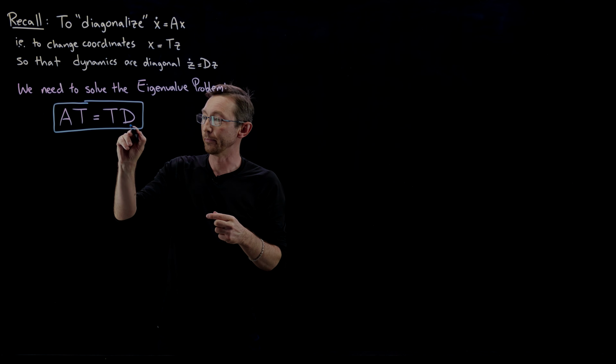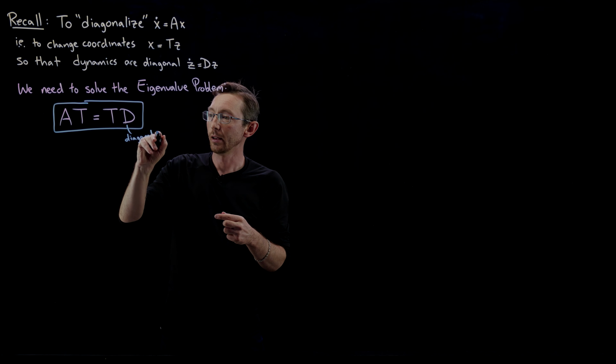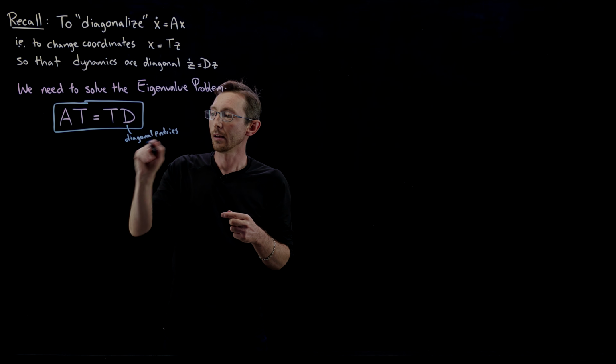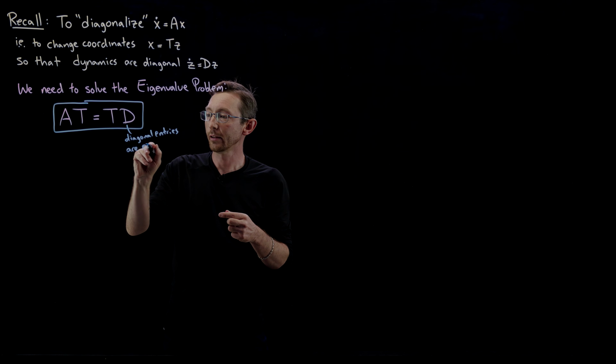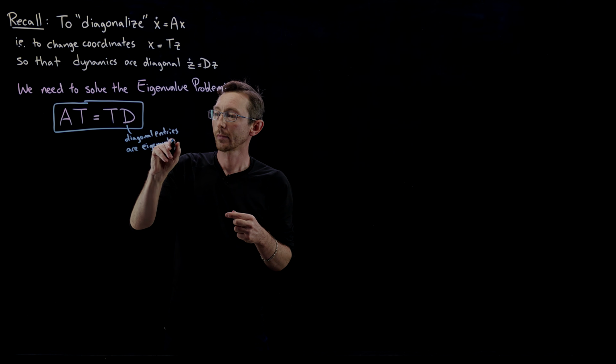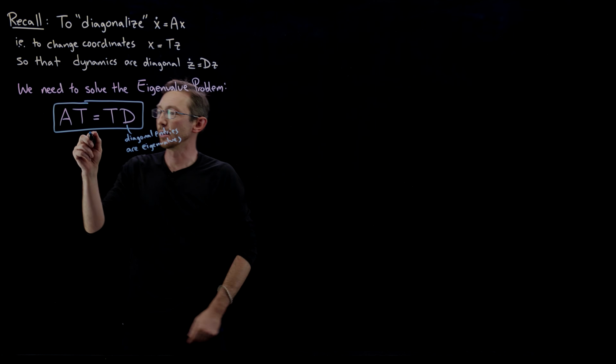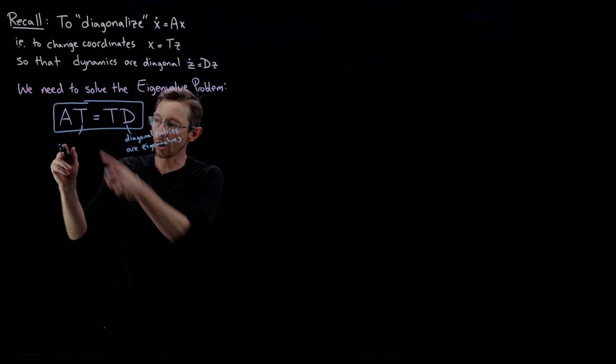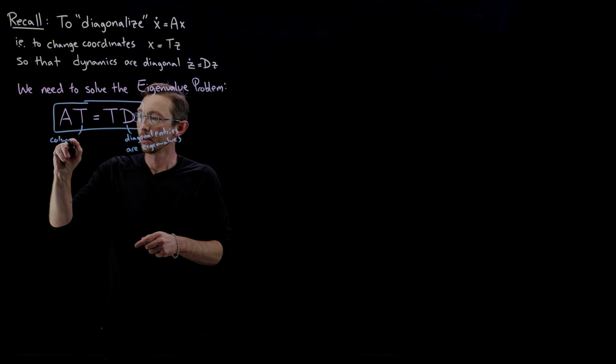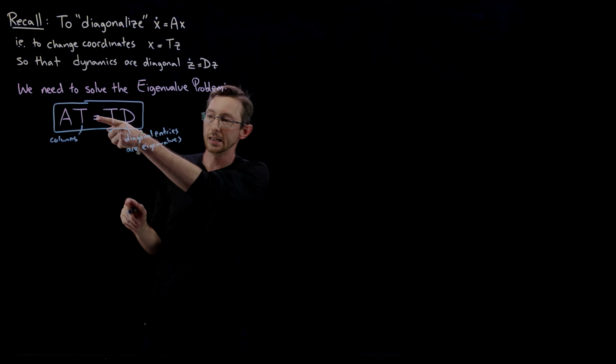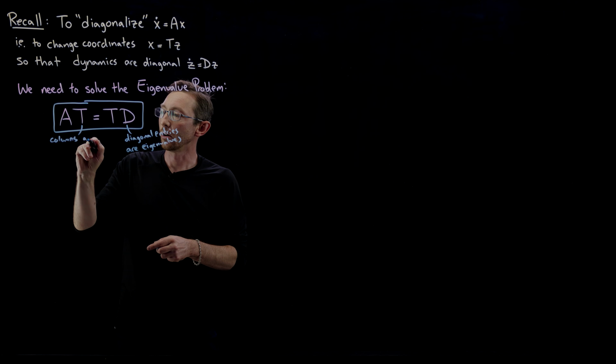These diagonal entries are eigenvalues. This is a German word I'll tell you about in a minute, eigen. And the columns of T are my eigenvectors.